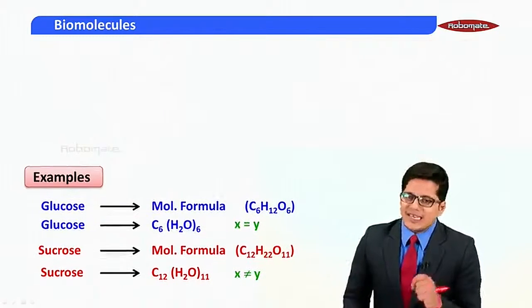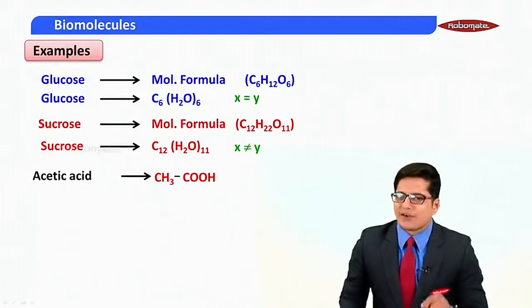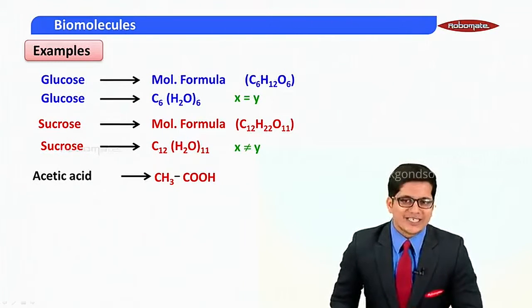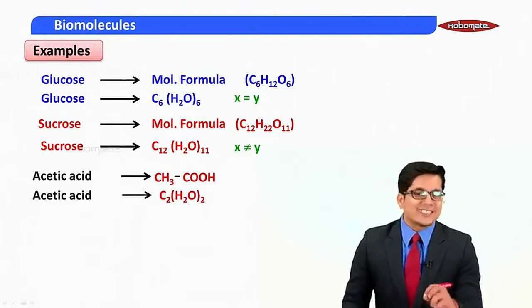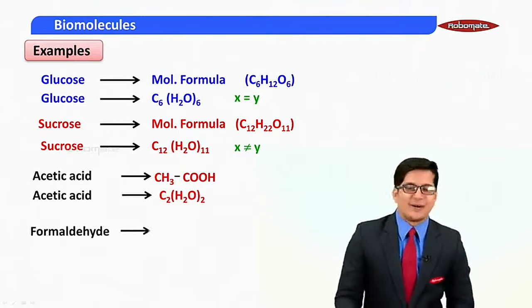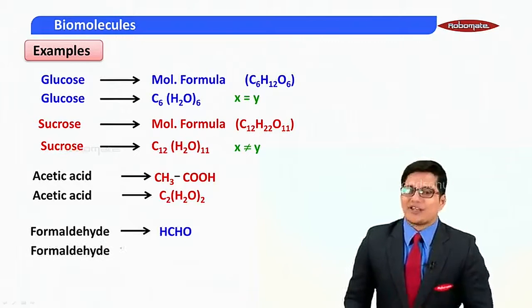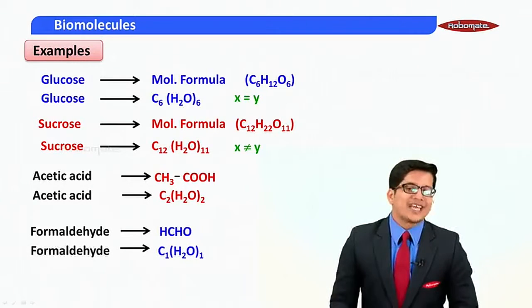So, let's take certain more examples. If we happen to have an example of acetic acid, that is CH3COOH, again, acetic acid can be represented as C2(H2O)2. If we take a molecule of formaldehyde, then the molecule can also be represented as C1(H2O)1.